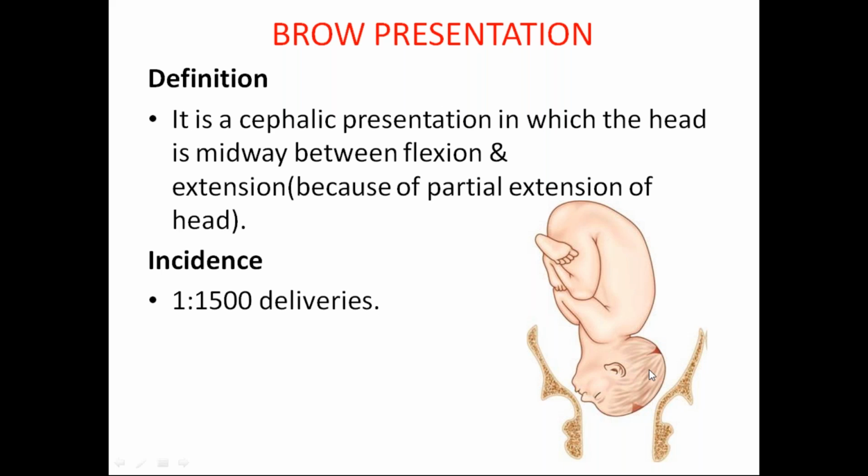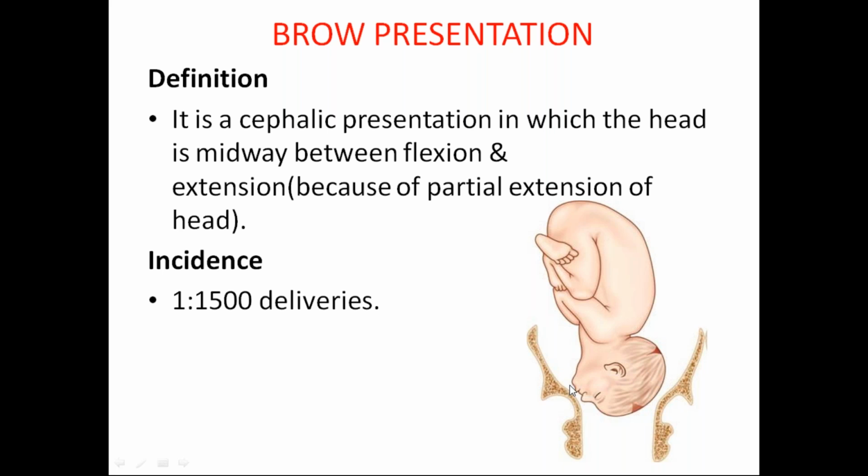So this brow either completely extends and becomes a face presentation, or it completely flexes and becomes a vertex presentation. If it remains like this without getting either flexed or extended, you call it a persistent brow presentation.